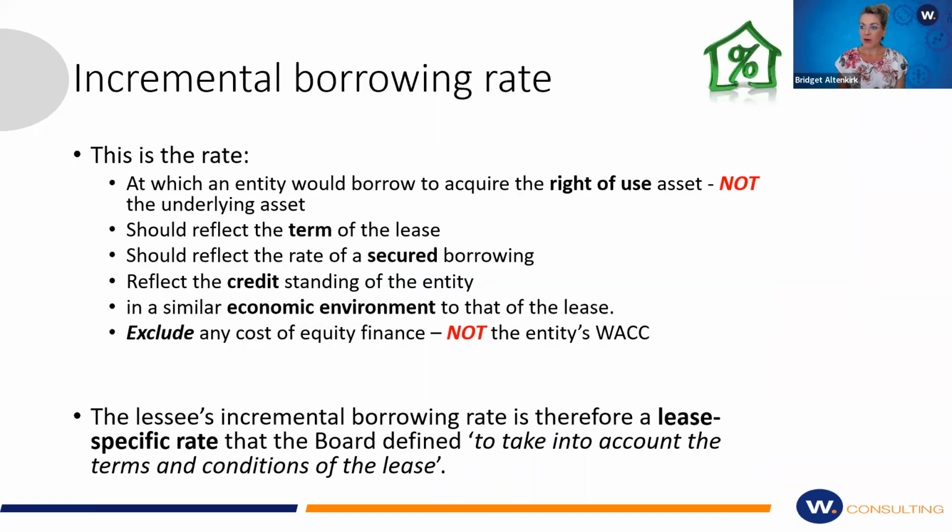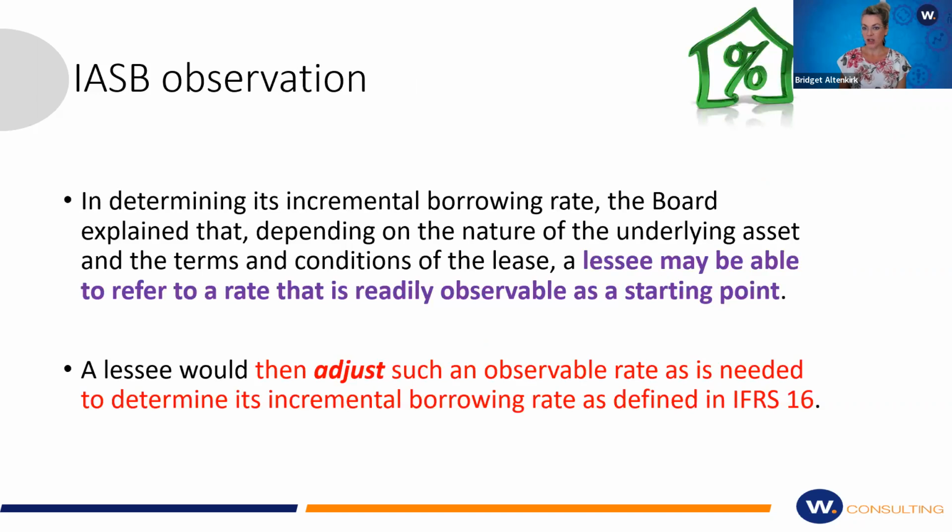So as I said, the incremental borrowing rate, it's a lease-specific rate that should take into account the terms and the conditions of the lease, because you need to go and determine what rate would the lessee be charged if they borrowed money for the similar value as the right of use asset for a similar term, the same economic environment, etc. So that rate should take similar characteristics into account, as does the lease contract.